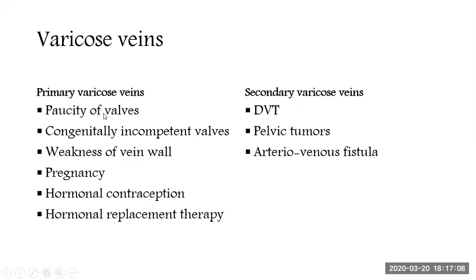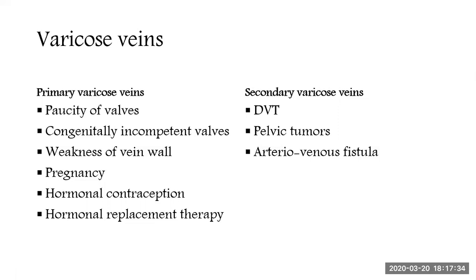The primary varicose veins could be attributed to a paucity of valves inside the veins, or the veins are present in a good number but are congenitally incompetent. Also, there may be weakness of the vein wall, as in generalized weakness of the mesenchyme.